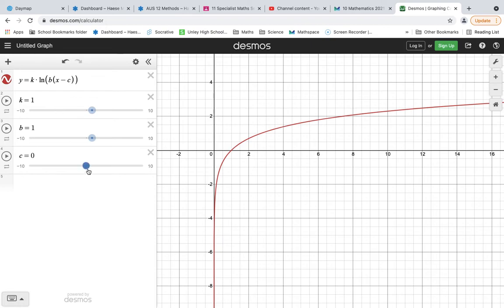Now the c value is going to do a translation. This is the same as what you've seen before. So normally if I've got a minus something next to my x, it's going to translate the curve to the right, isn't it?